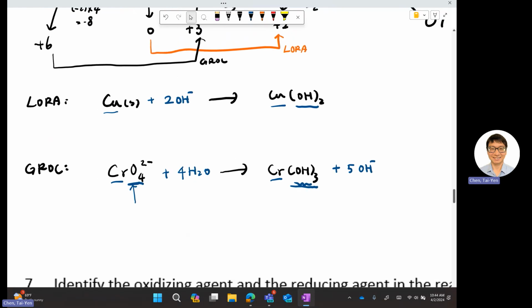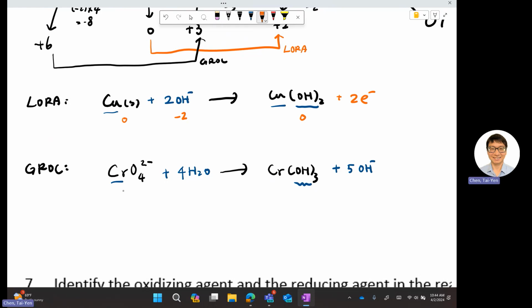If you look at your LoRa, the left side is 0 and this is -2, so on your right-hand side you have a total of -2 charges. On the other side this is neutral, so in order to balance that, you need to add 2 electrons, so that it is also -2 charges. Then you can move on to your G-Rock.